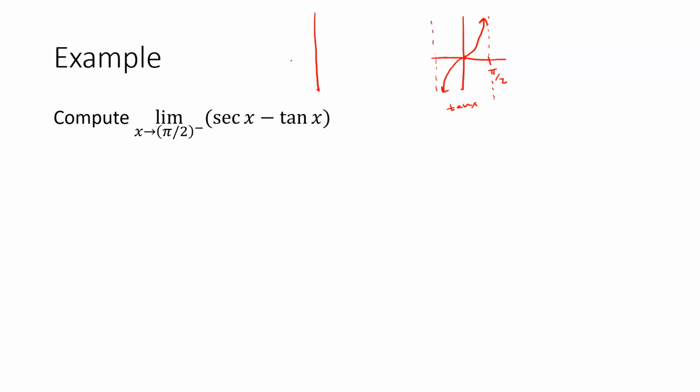Secant will similarly have a vertical asymptote at pi over 2. The graph of secant looks a little different, more like this. So it is in that infinity minus infinity form.